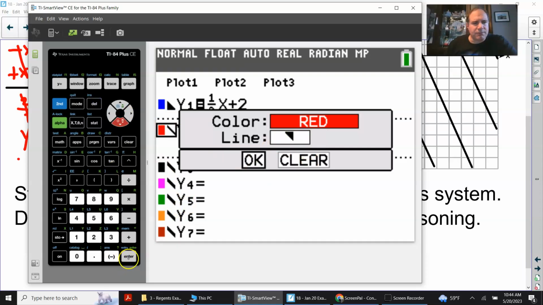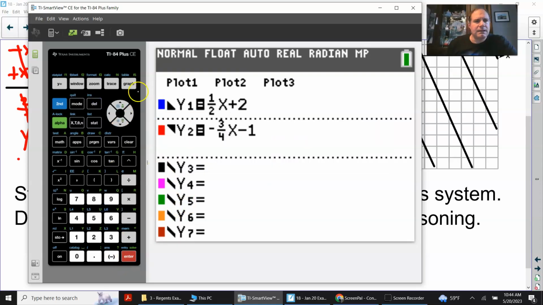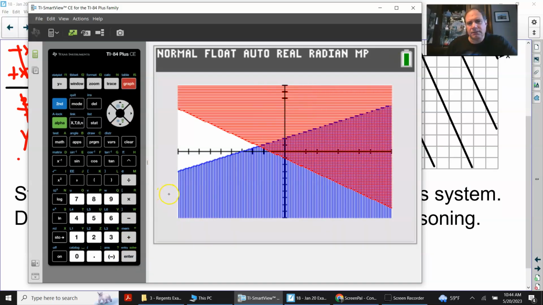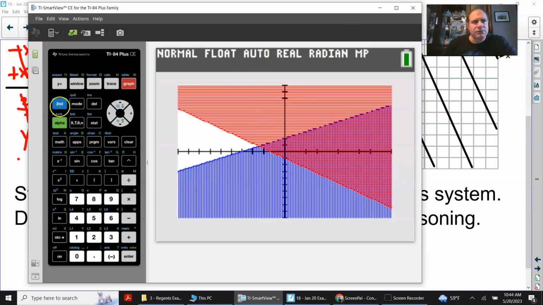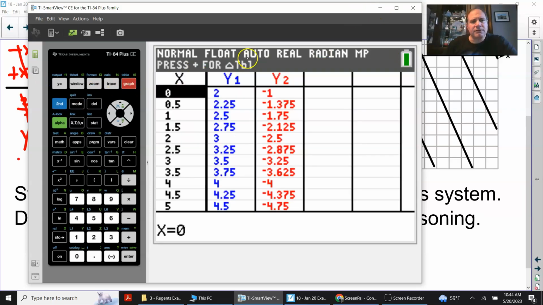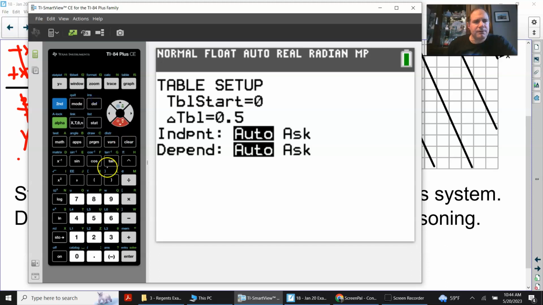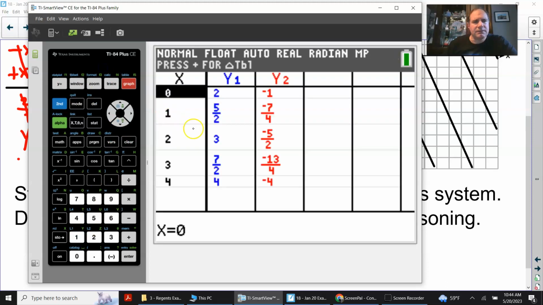So I'm going to go to OK, and now when I graph it, I can see exactly what I have to graph. So you will always go to second graph to see exactly what you would graph. And by the way, I messed with the window. I messed with the table set. So I'm going to go back to that being 1 so I could see exactly what I have to graph.